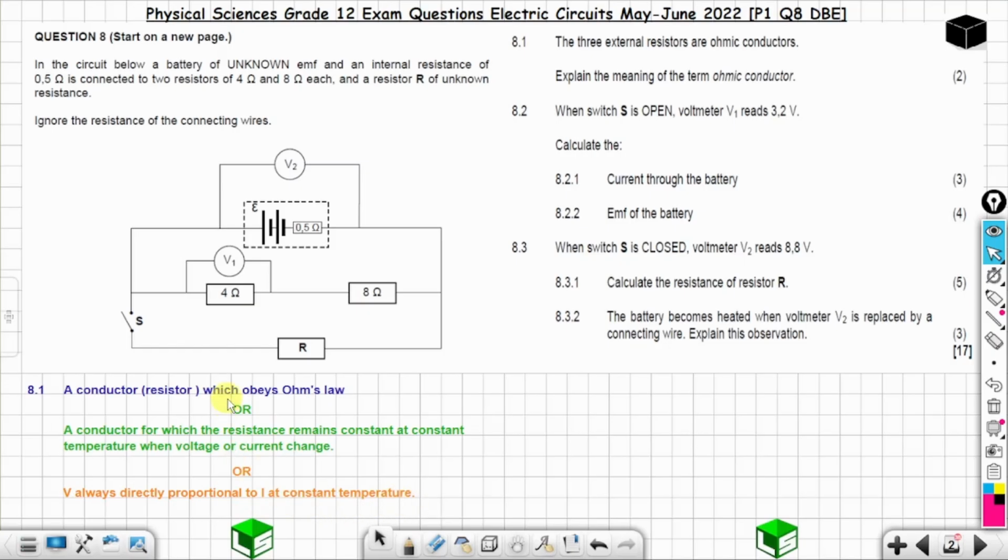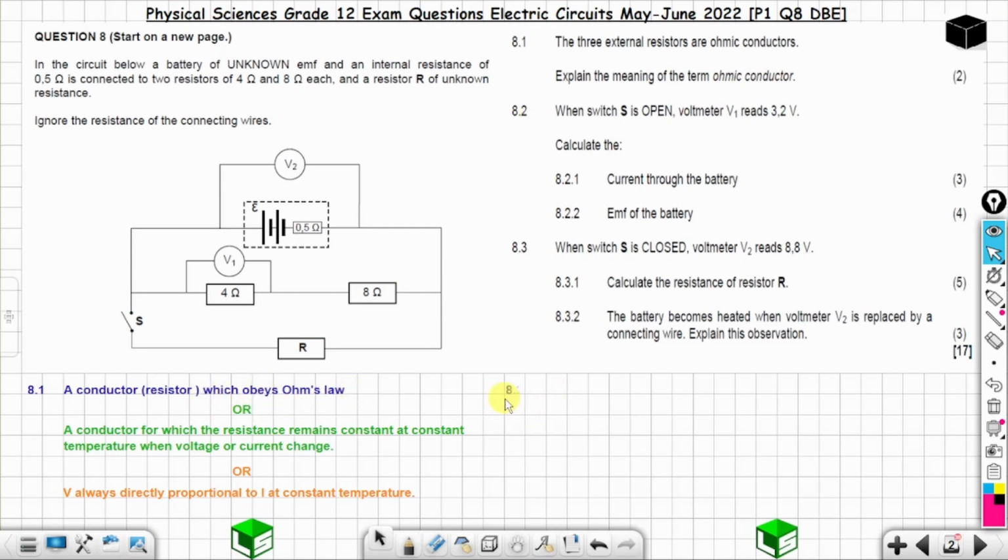So you have three options. You can give this one or this one or this one. Now, a conductor or a resistor that does not obey Ohm's law will be known as non-ohmic conductor. These are conductors or resistors that do not obey Ohm's law.